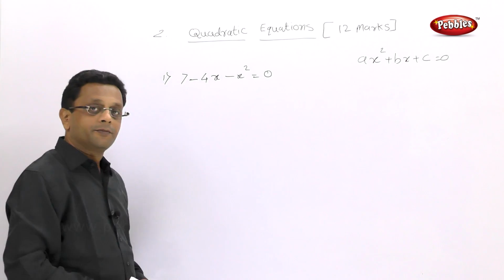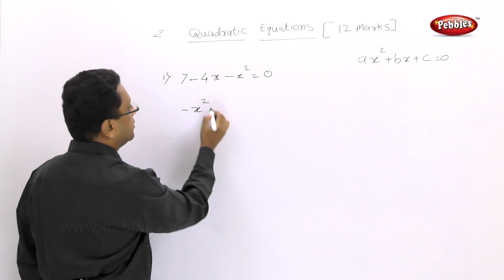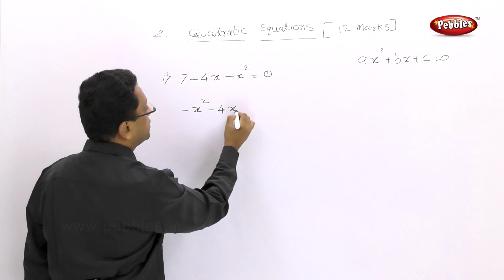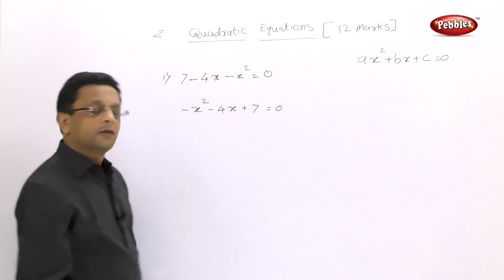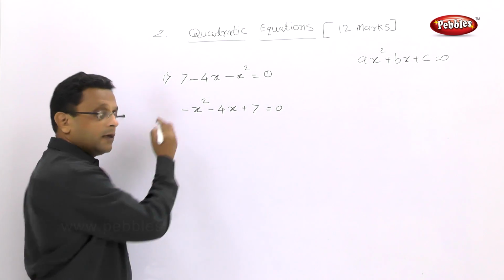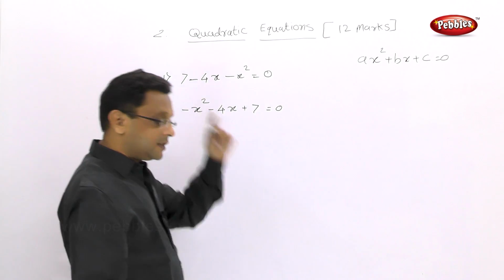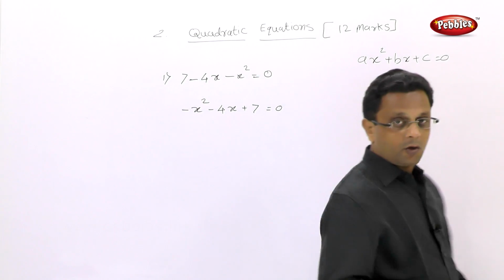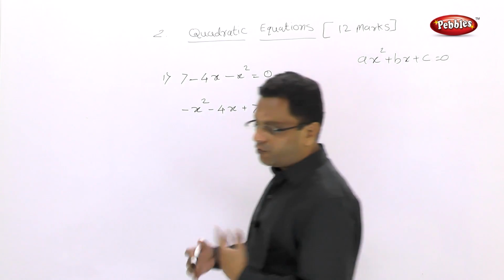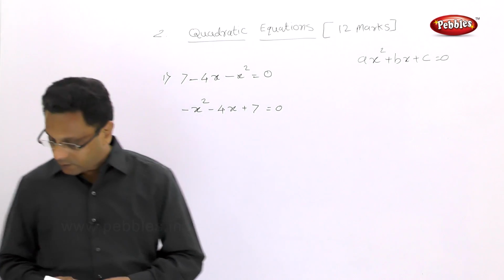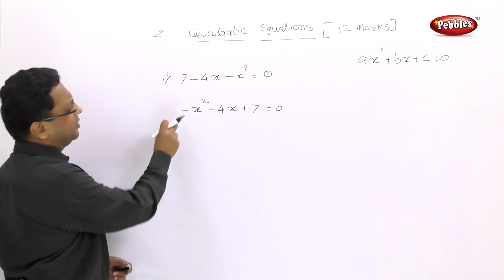How will we write this? Rearrange the terms first. Minus x square minus 4x plus 7 equal to 0. This is the standard form where a is minus 1, b is minus 4 and c is 7. To further simplify it, not necessary as I said, but to further simplify it, I don't want this negative sign here.